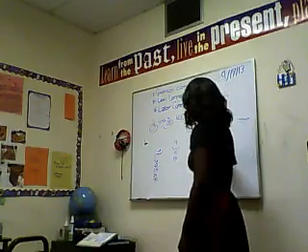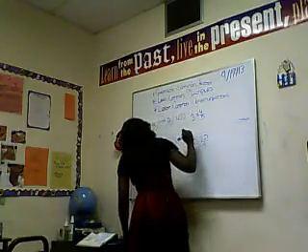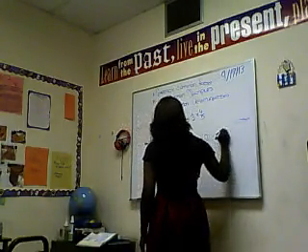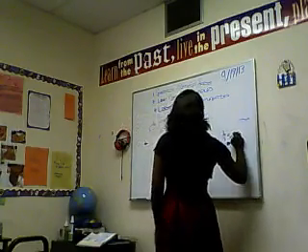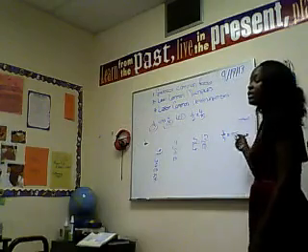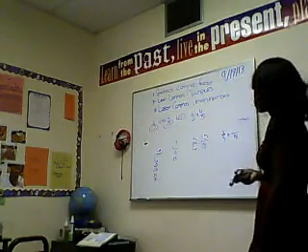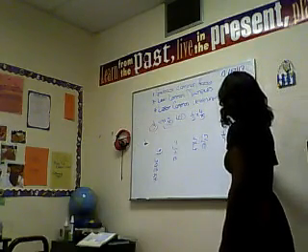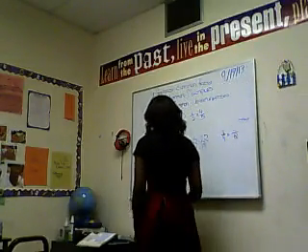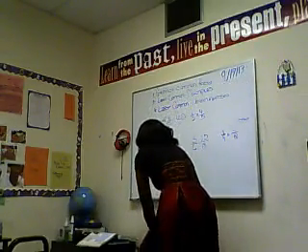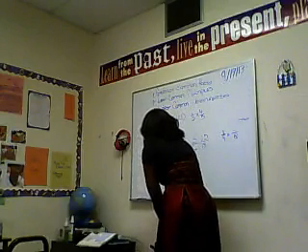15. Then 1/9. What do I have to multiply 9 by to get 18? 2. 2 times 1 is 2. So I'm going to rewrite 5/6 and 1/9 using the LCD.